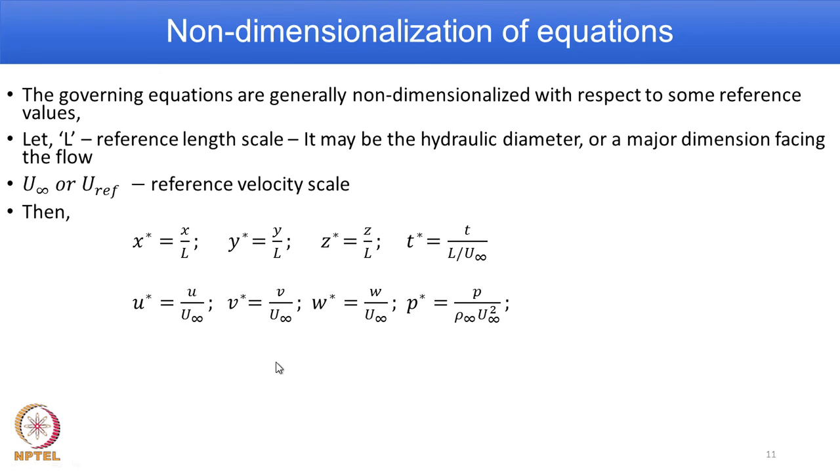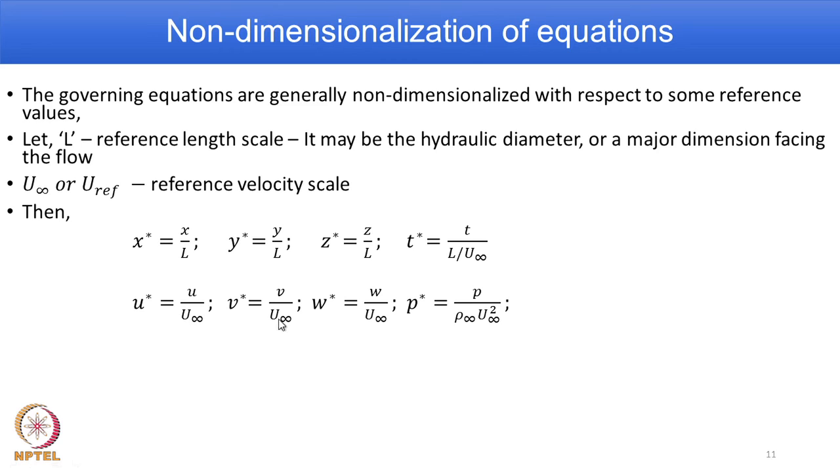In a similar manner you can also do it for velocity. So, u star is the non-dimensionalized velocity component in the x direction, where u is the dimensional velocity quantity, and u infinity is the reference velocity. So, u over u infinity will give the non-dimensionalized velocity quantity u star.